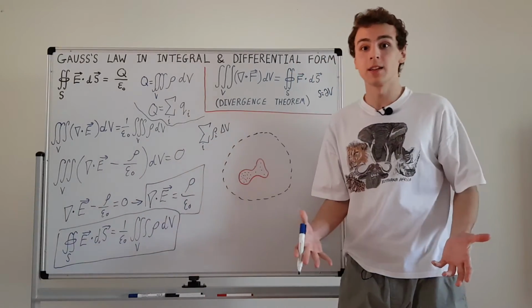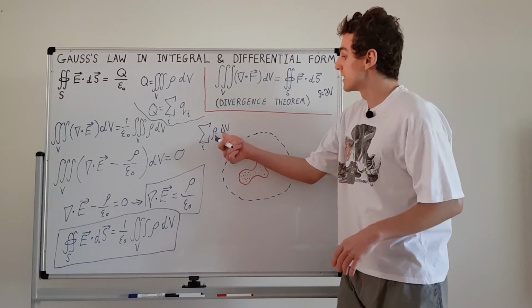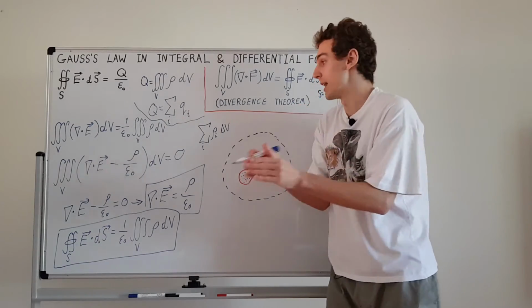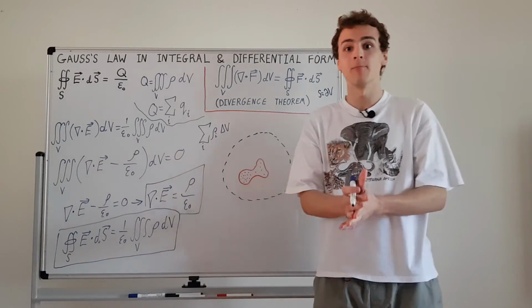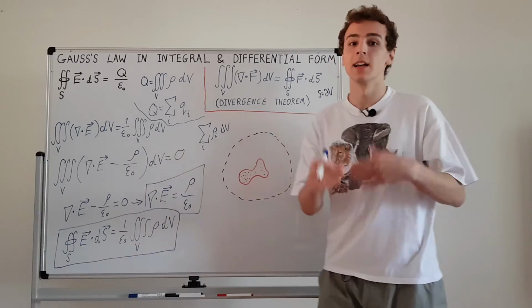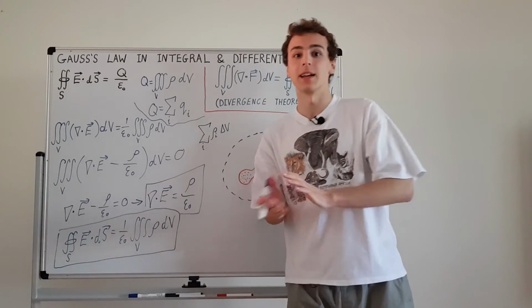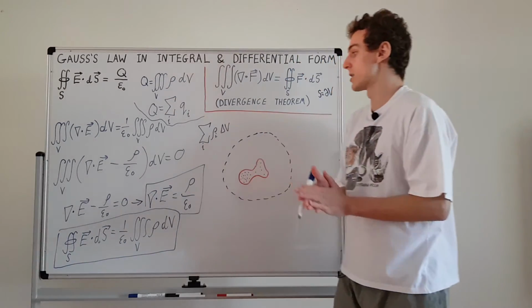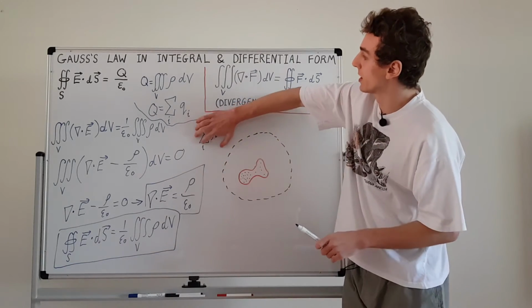That's what an integral is: the limit as these little delta V's go to 0. And that's going to be a volume integral specifically. You can think of a delta V as delta x times delta y times delta z. It's a three-dimensional integral. So that's what we have over here.